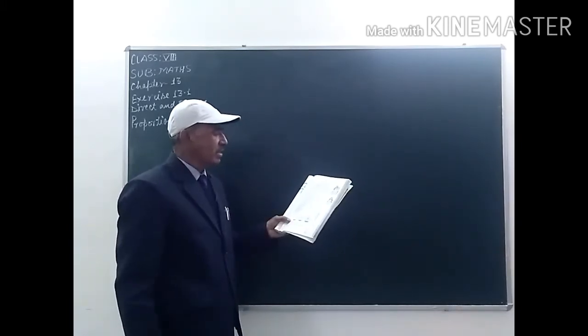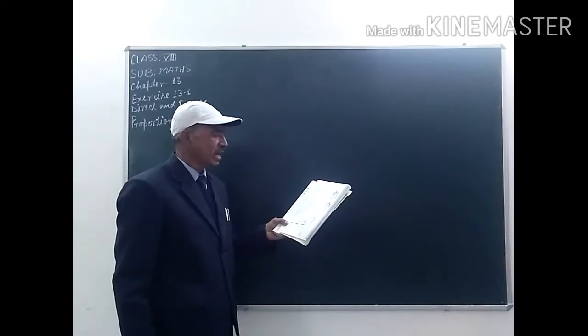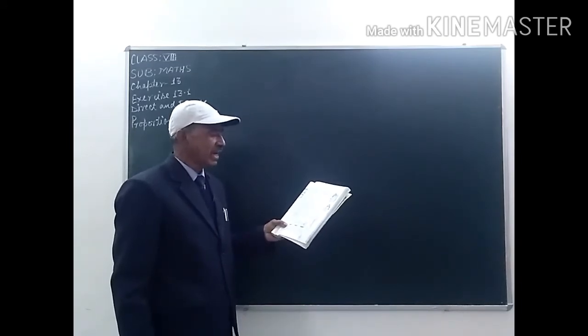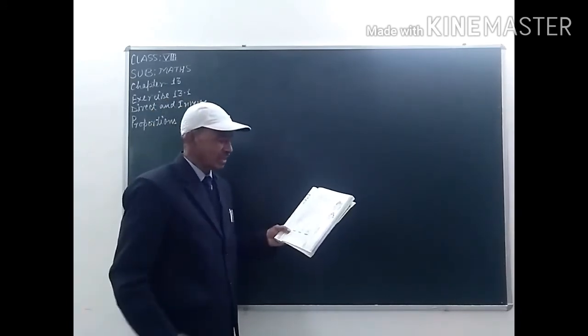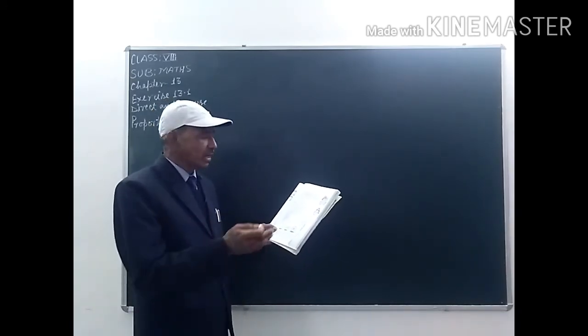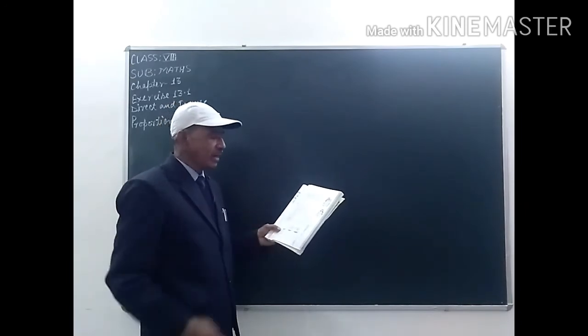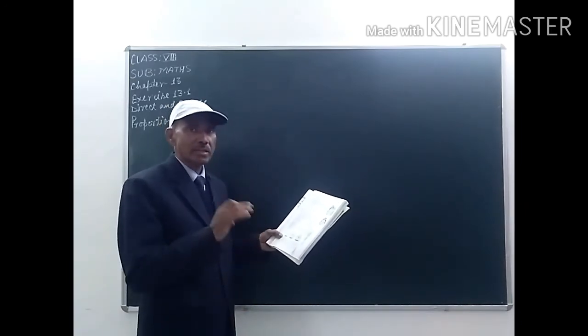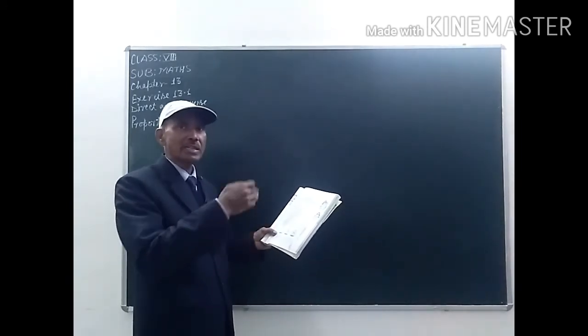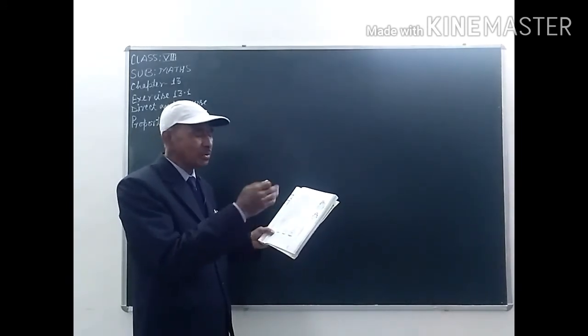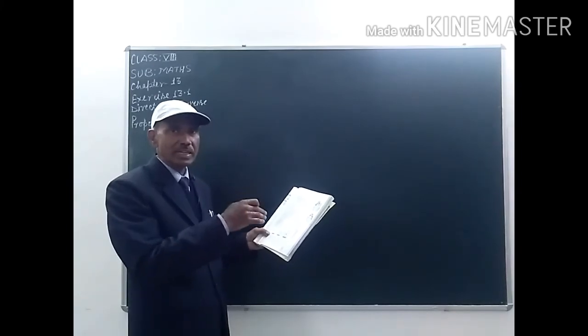The first statement is the number of workers on a job and the time to complete the job. Students, in this question, if the number of workers increases, the time taken to complete the work will decrease.